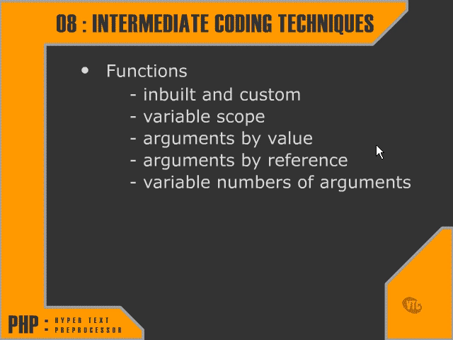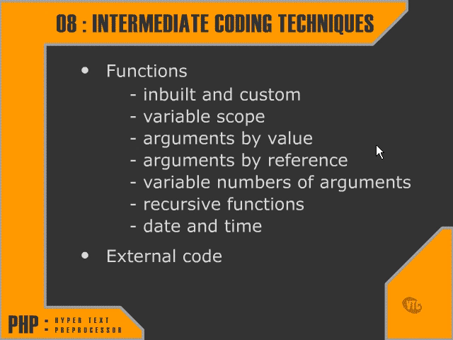We're also going to be looking at variable numbers of arguments and the kind of functions that can deal with such a procedure. And we're going to be writing recursive functions which can actually call themselves. Also going to look at date and time functions.